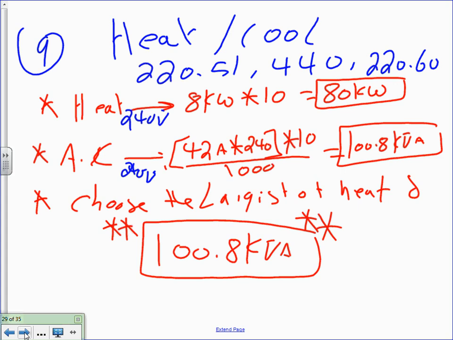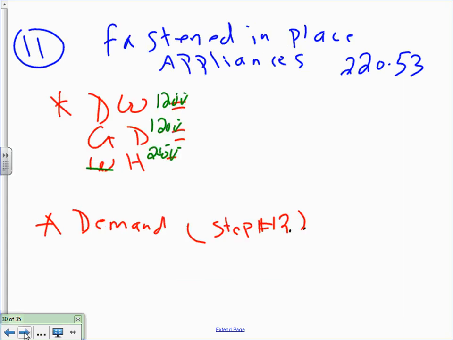Fastened in place appliances. Can somebody give me the dishwasher size? 1 kVA. 1 kVA times how many? 10. How about the garbage disposal? 2 kVA. 2 kVA times 10.